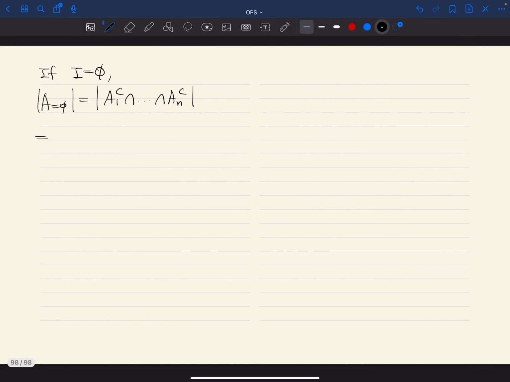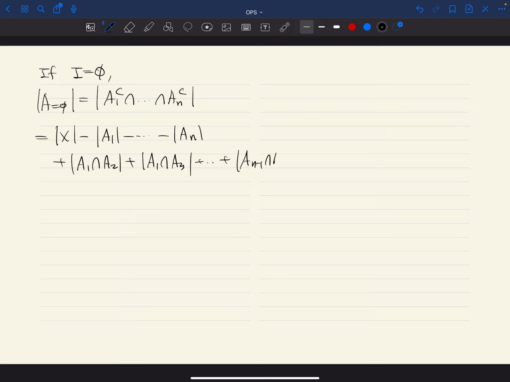So basically, this is the thing that we see in the usual principle of inclusion-exclusion form. You consider all possible ways to select two elements, A1, A2, A3, ..., AN minus 1, AN, etc. And at the end, we have minus 1 to the n, A1 intersect ... intersect AN. So it's the usual principle of inclusion and exclusion.